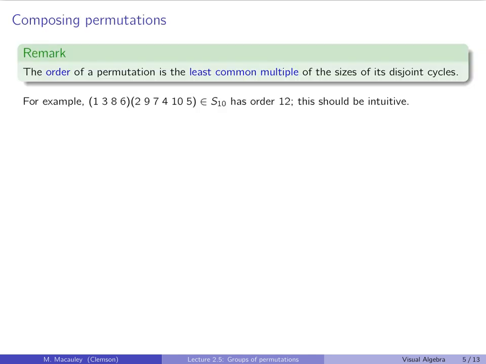Another remark, the order of a permutation is the least common multiple of the sizes of its disjoint cycles. Maybe I have an example here, but let me start with a simpler one. If I have the cycle 1, 2, 3, and then 4, 5, maybe it's easier if I draw it out like this, you can see that there's a 3 cycle here and a 2 cycle here.